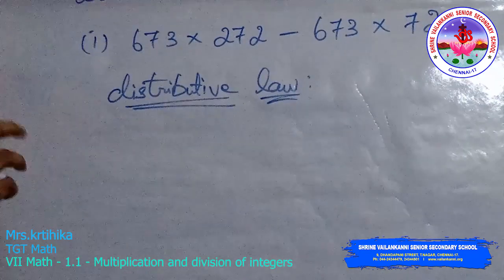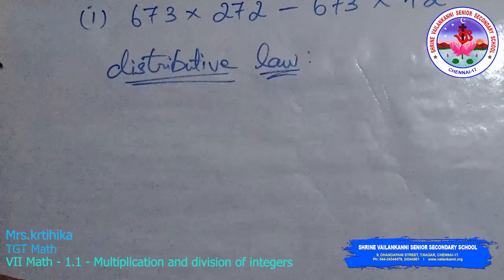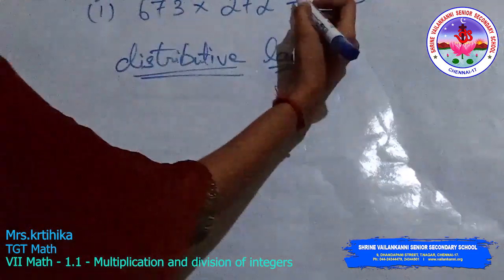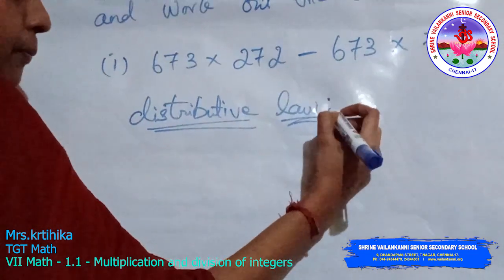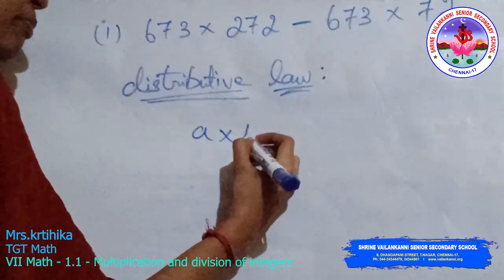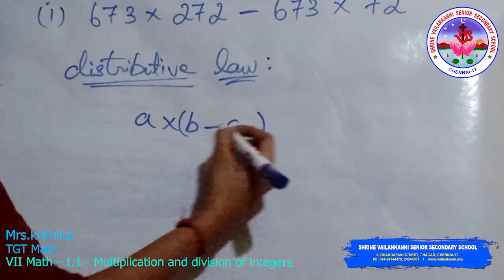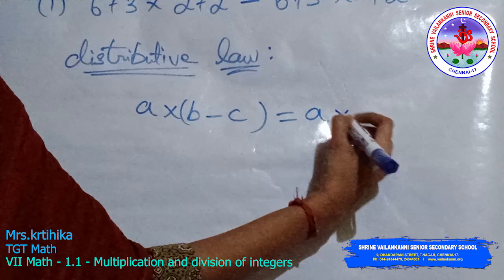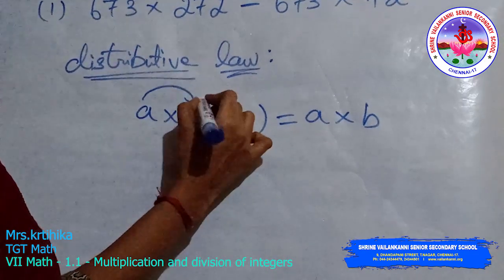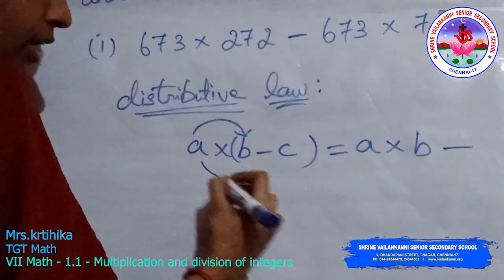Distributive law, there are two laws. One is addition, another one is subtraction. Here using the subtraction law, a into (b minus c) is equal to a into b minus a into c.